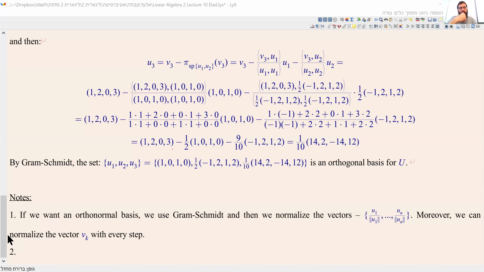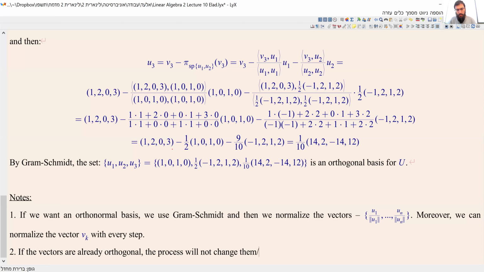Secondly, as I mentioned, if we already start, if the vectors are already orthogonal, the Gram-Schmidt process will not change them.